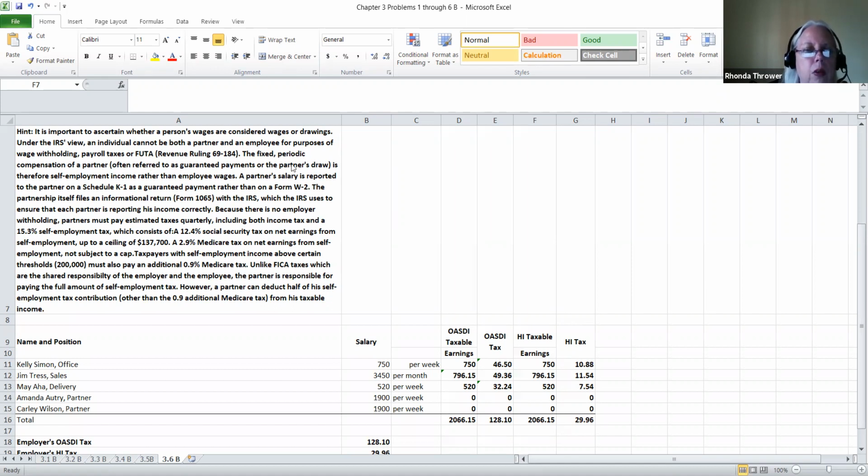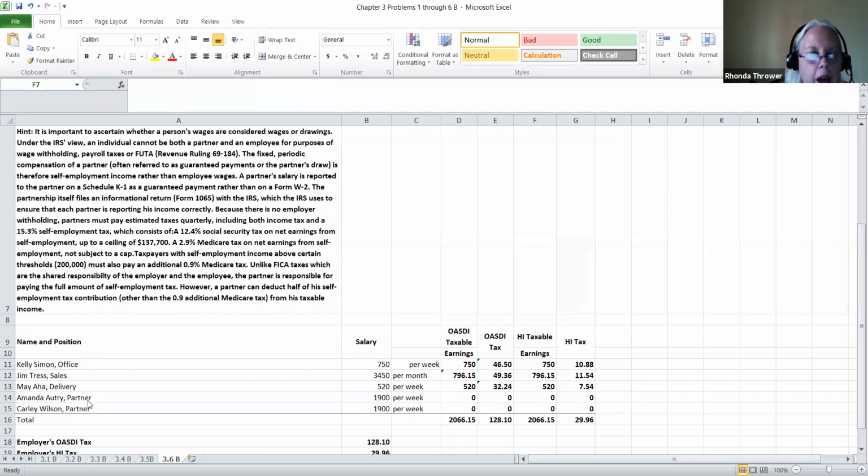The fixed periodic compensation of a partner, which is often referred to as a guaranteed payment or the partner's drawing, is therefore considered to be self-employment income. So these partners, you're not going to take out any OASDI taxes or HI taxes on these partners.